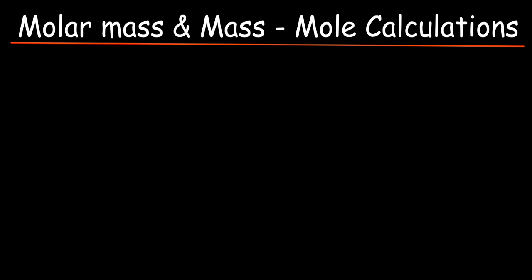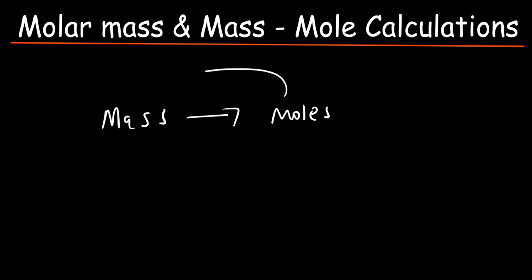By the end of this part, you should be able to explain what molar mass is. You should be able to calculate molar mass from the periodic table, and for the most part convert mass to moles or vice versa. That is very important.